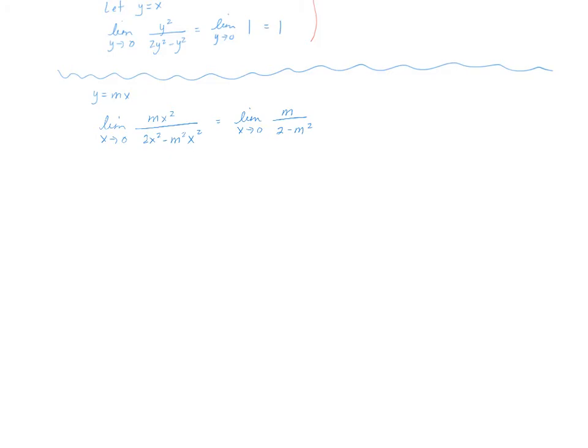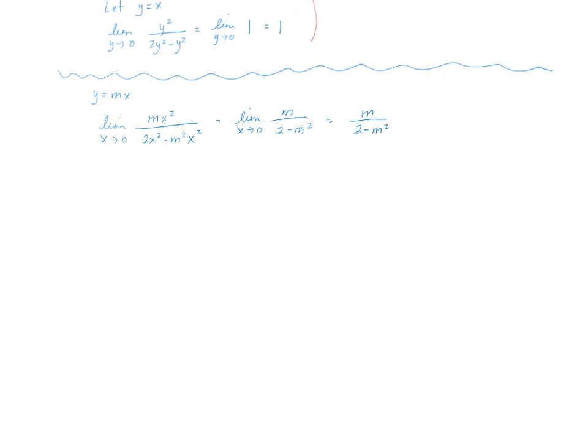Notice that I'm looking at x going to 0. There's no x in that expression. We treat it as if it were a constant. The limit of a constant is simply the constant. So what this is telling me is that all I have to do is adjust my slope, my m values, to find different L values.